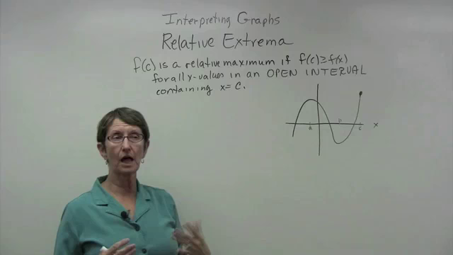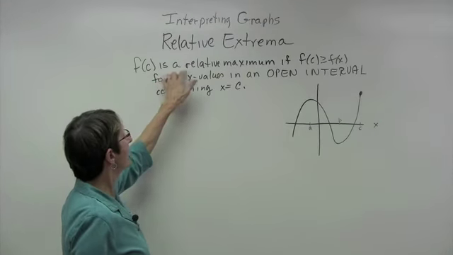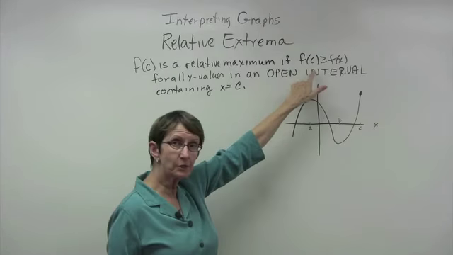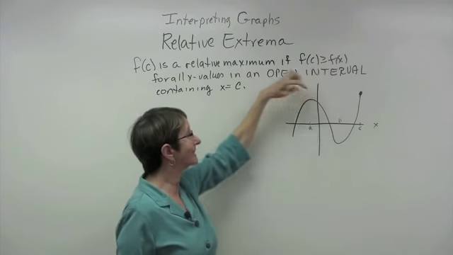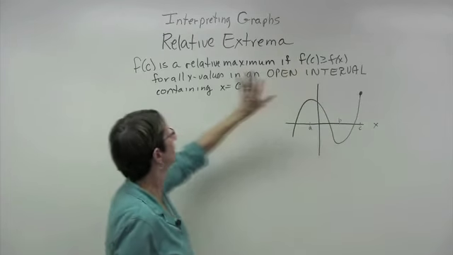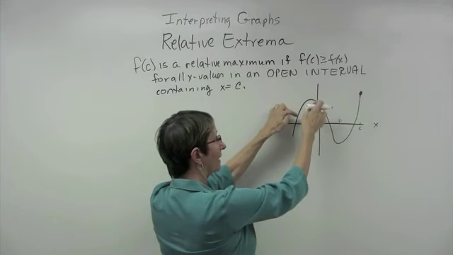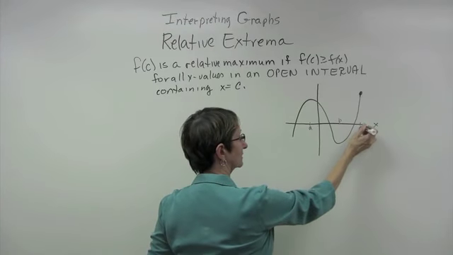Well, I know that's a lot of math speak. So what that means is a relative maximum is the highest point. f of c is higher than anything around it for all x values right around there. Call that interval D.